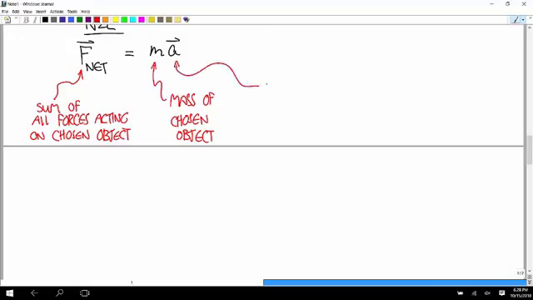And A is the acceleration of the chosen object's center of mass.